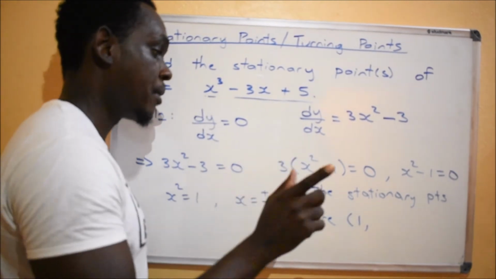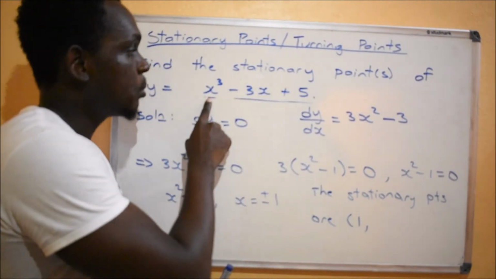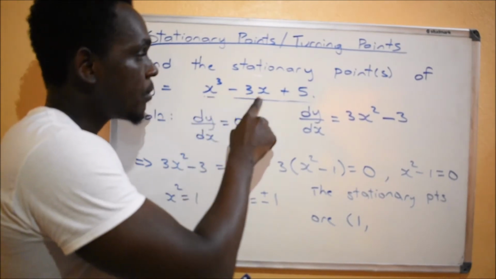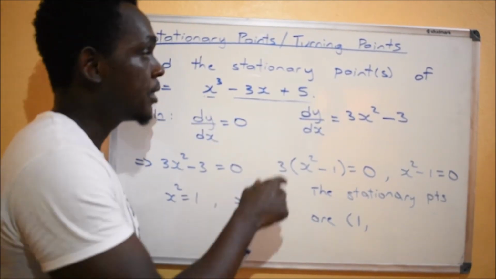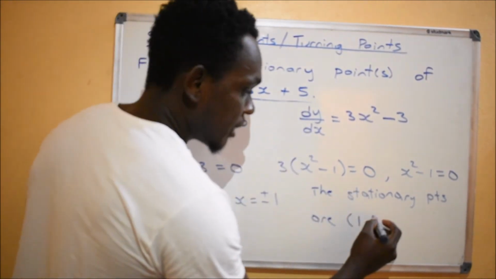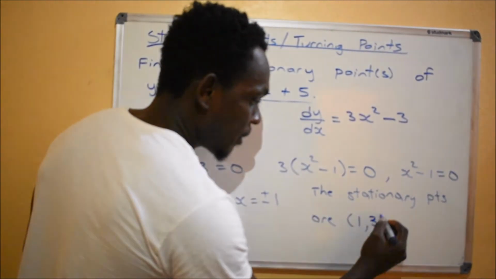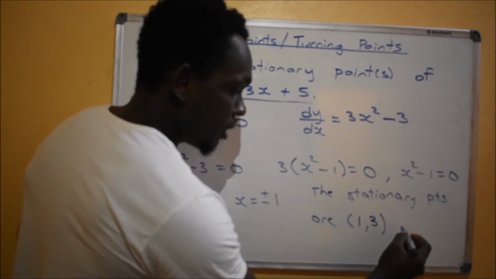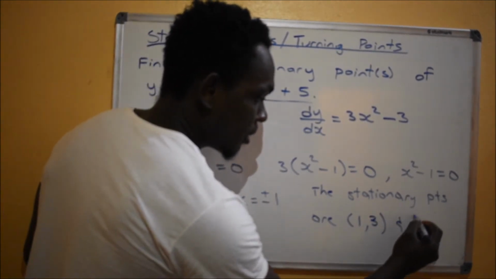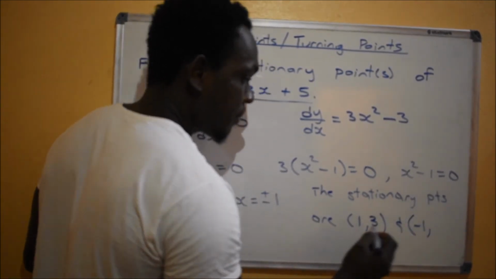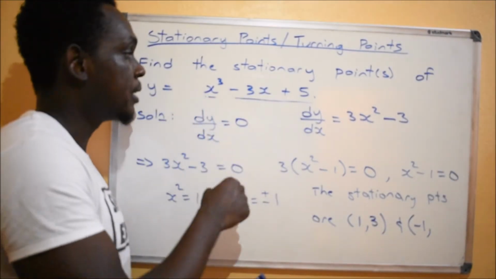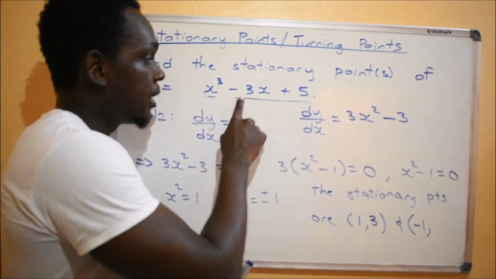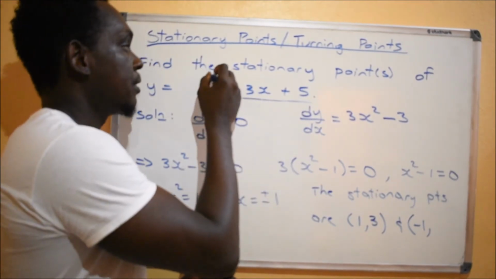So please remember that. So we have 1 cubed, that's positive 1, minus 3. So 1 minus 3 is negative 2, negative 2 plus 5, that's positive 3. And the next one will be when x is negative 1. So we have negative 1 cubed, which is negative 1.